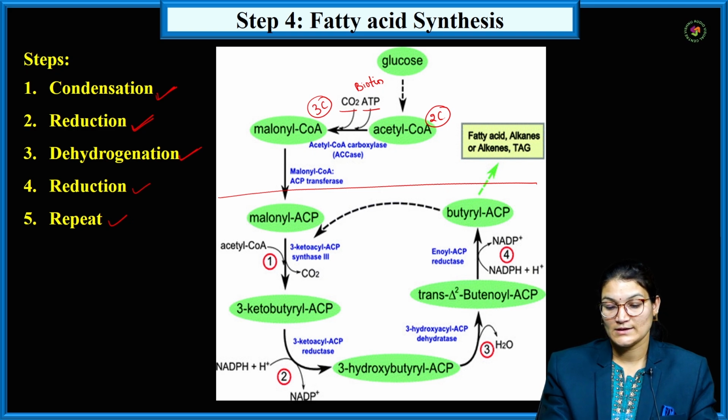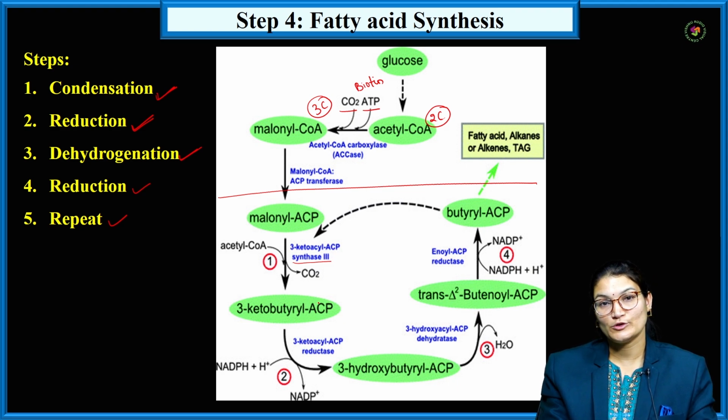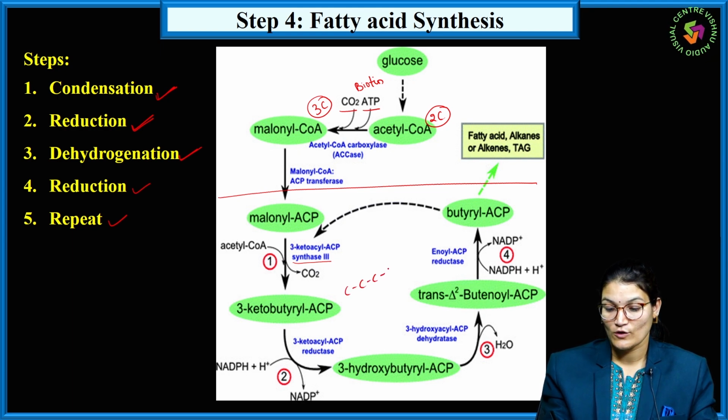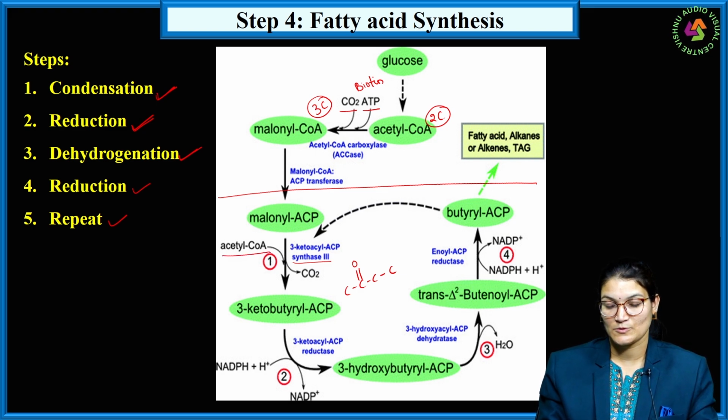This involves 3-ketoacyl ACP synthetase 3 enzyme for the conversion of malonyl ACP to 3-ketobutyryl ACP. So here you can see 3-ketobutyryl is nothing but 4 carbon atoms and a ketone group at the 3rd carbon atom. This also involves utilization of acetyl coenzyme A in this process.